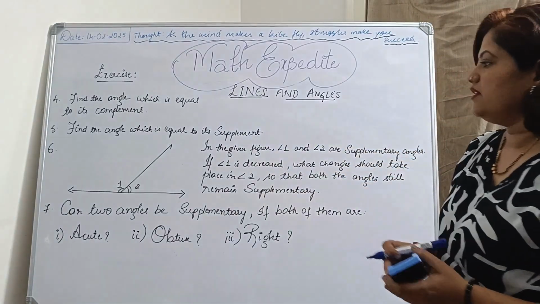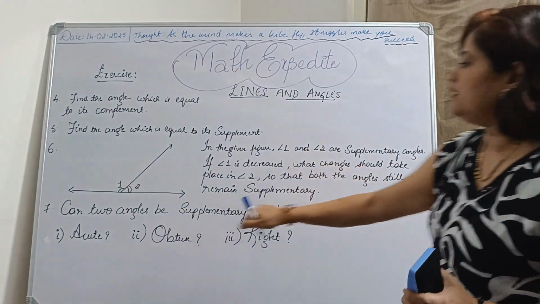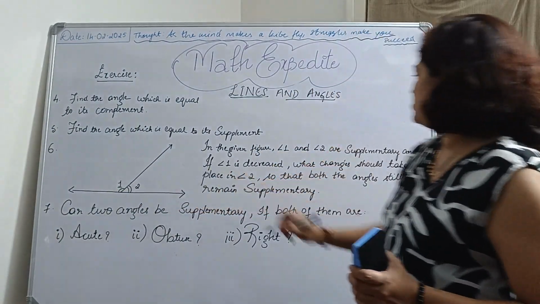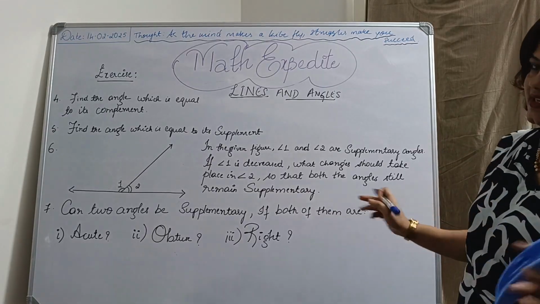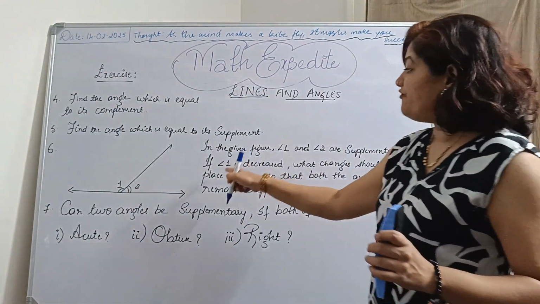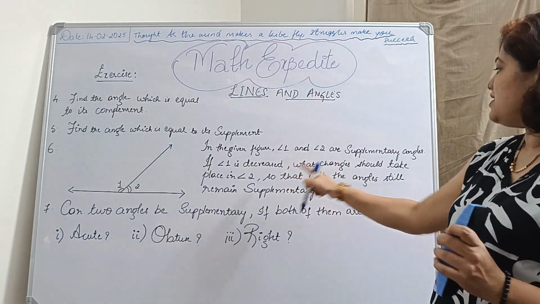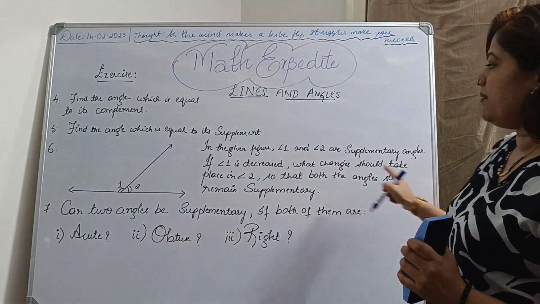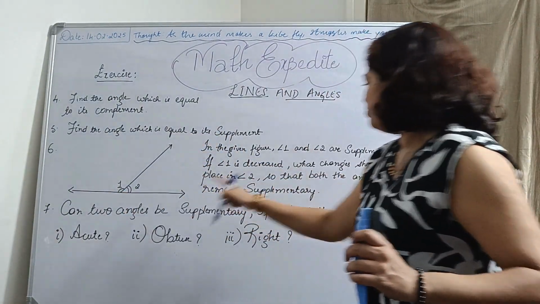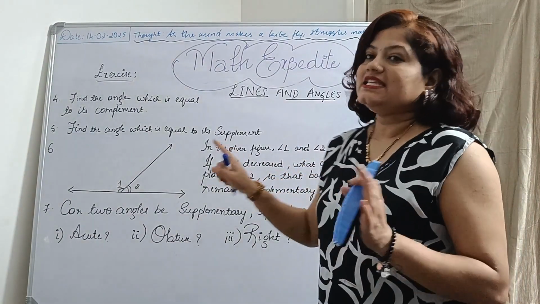Here as you read, they have given a picture. In the given figure, angle 1 and angle 2 are supplementary angles. Supplementary, the sum of two angles is 180 degrees. Correct. So if angle 1 is decreased, what changes should take place in angle 2 so that both the angles still remain supplementary?